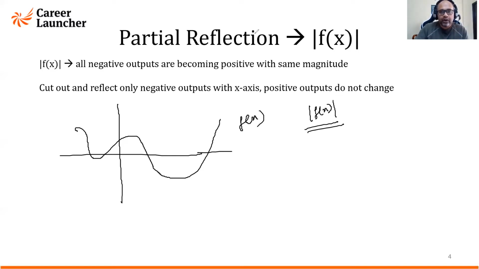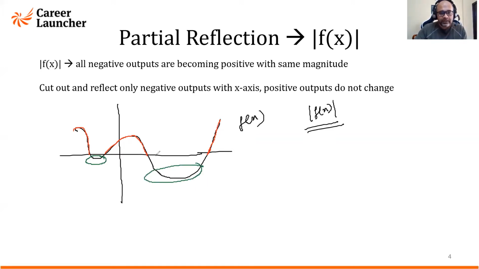So if I draw the mod f of x part, this entire region till here, there's no problem because y is positive, which means I don't have to use a modulus. Similarly, this part also, there is no problem, because it is above the x-axis, so f of x is positive and there's no need to worry. And this part till here is no problem. The problem comes in my region here, which is going below, and my region here.